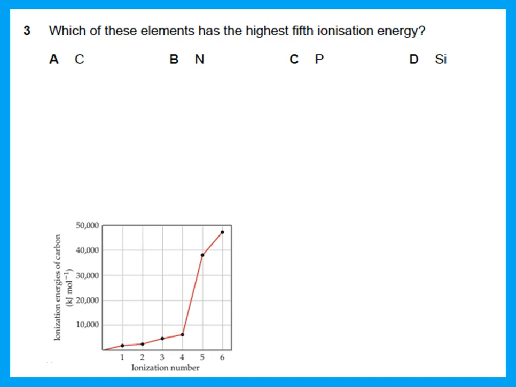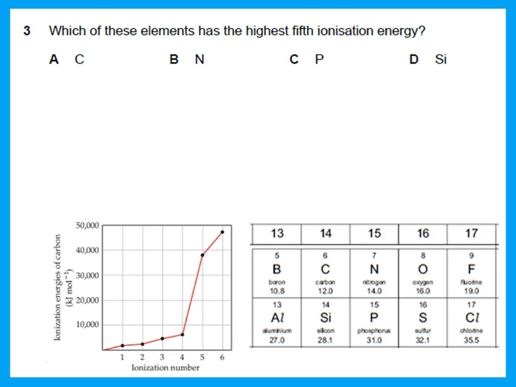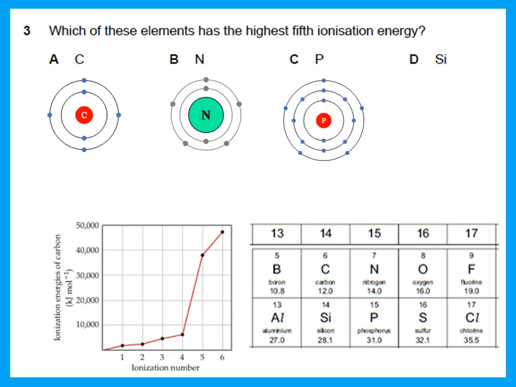So if I look at these choices, which of these are in group 4? Well, it is carbon and silicon. Now, which one are we going to use? If you look at the atomic structure of each of these, I want either carbon or silicon. The carbon has a smaller atom, so the electron that we're going to remove in the ionization energy is closer to the nucleus, stronger attraction force to the nucleus.